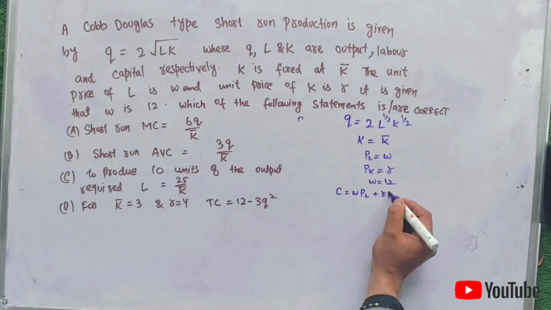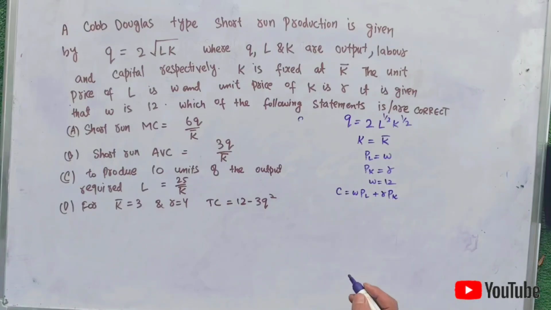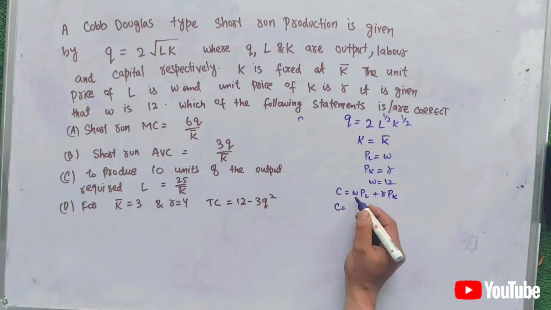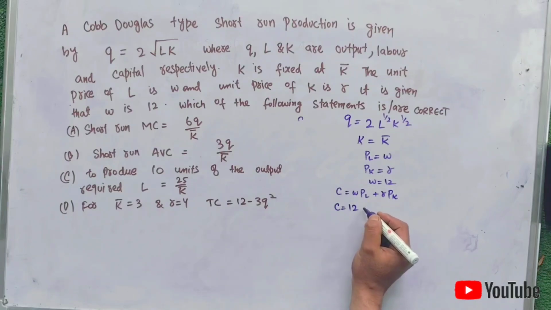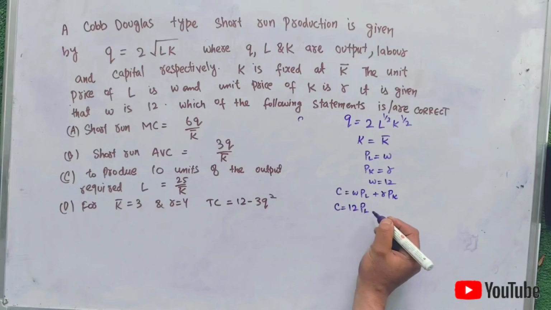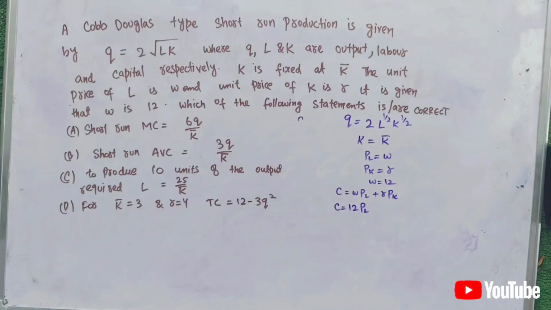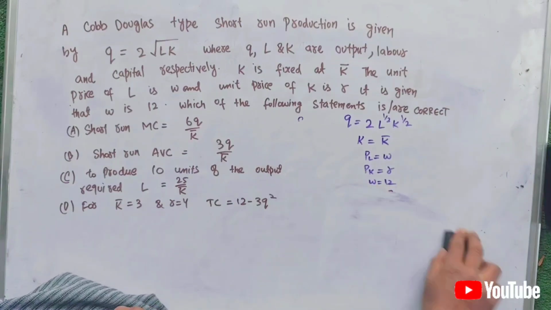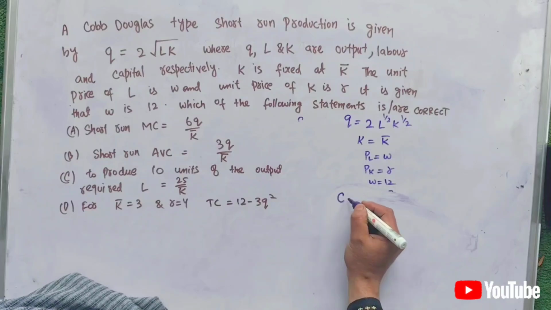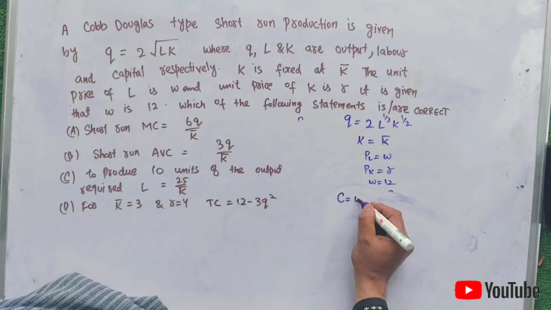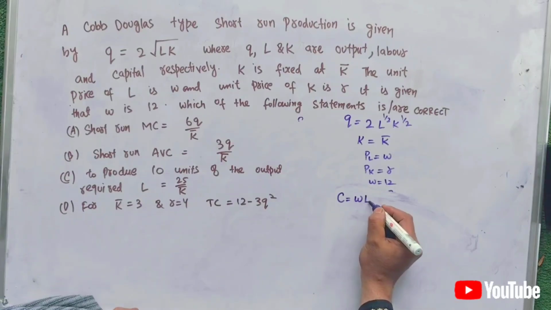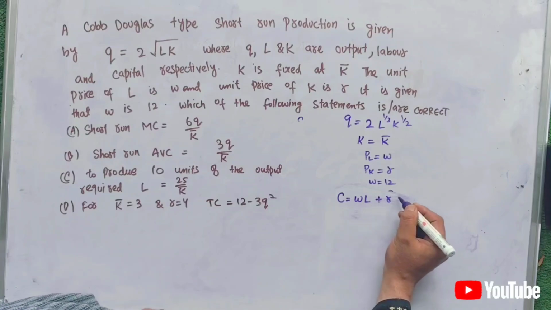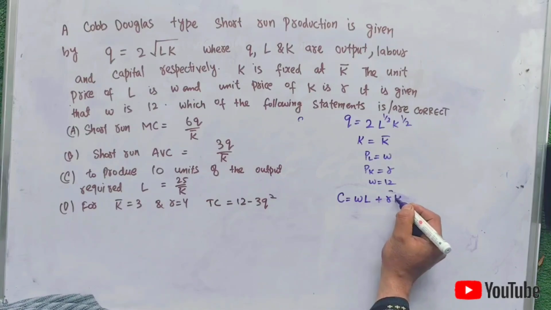So total cost function will be equal to wage rate times units of labor employed plus rental rate of capital times units of capital employed.